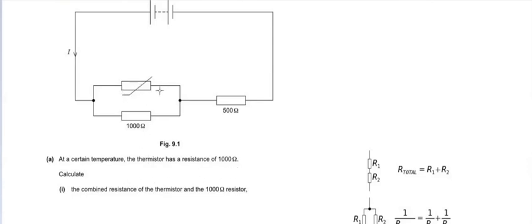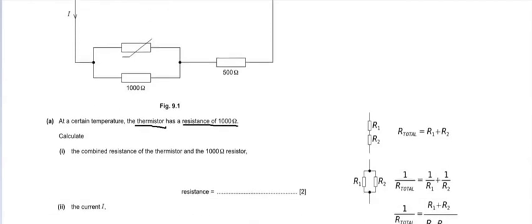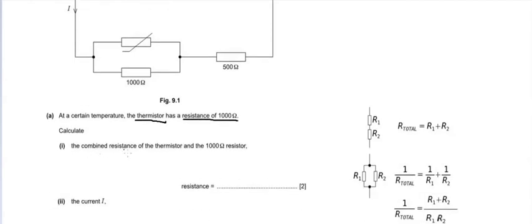Now do not get confused by the word thermistor used over here. You can directly assume this as a resistor, because a thermistor is nothing but a resistor. So directly consider this a resistance value of 1000 ohm. We are asking for the combined resistance of the 1000 ohm resistor and this thermistor.